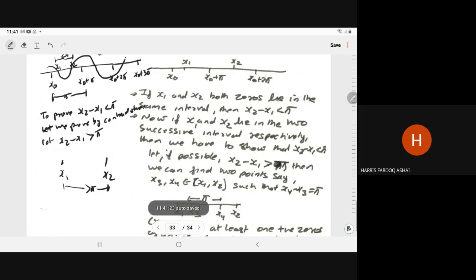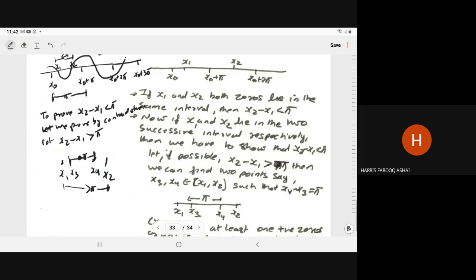So definitely by theorem 25c there is at least one zero, which is a contradiction. When x2 minus x1 is greater than pi, there are two points, say x3 and x4, whose distance is exactly pi, and in between there is at least one zero of yp by theorem 25c.